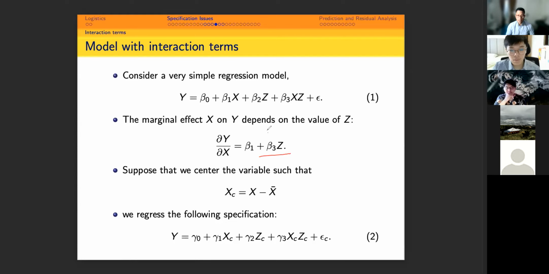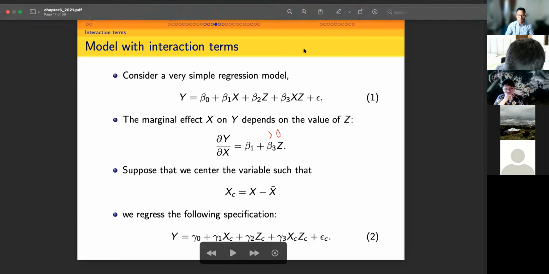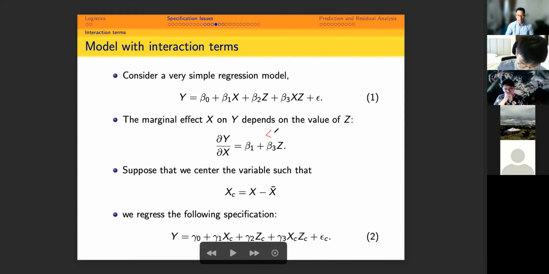It depends on whether or not beta 3 is positive, or whether or not beta 3 is negative. Suppose that beta 3 is positive, then the marginal effect of x is going to increase with the value of z. What would happen if the estimated beta 3 is actually negative? Then the marginal effect of x on y decreases with the value of z. So that's going to be the marginal effect.